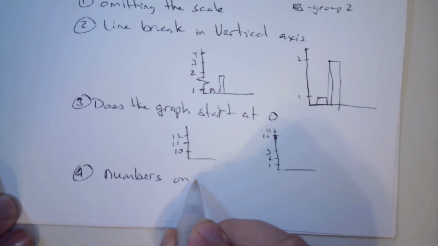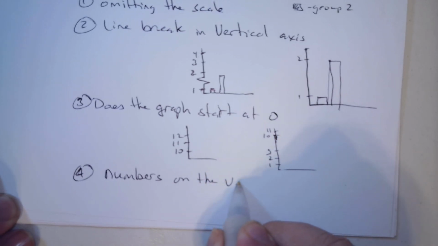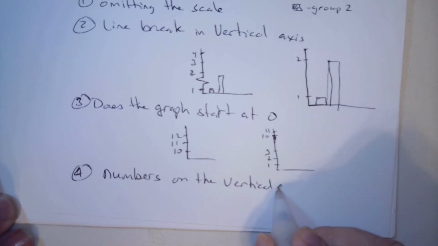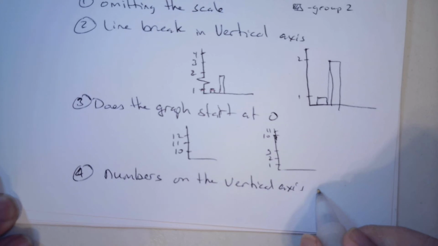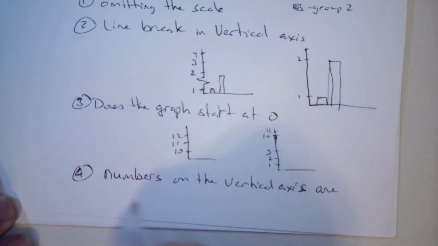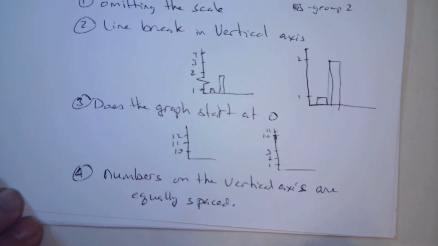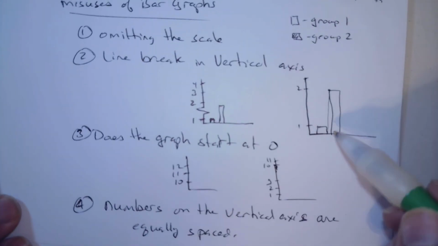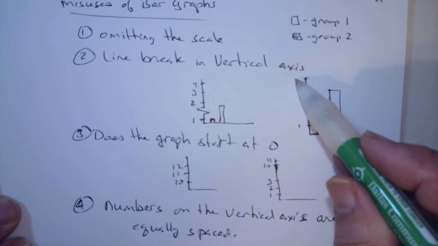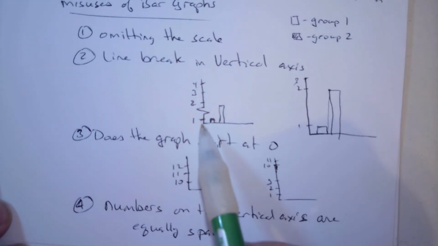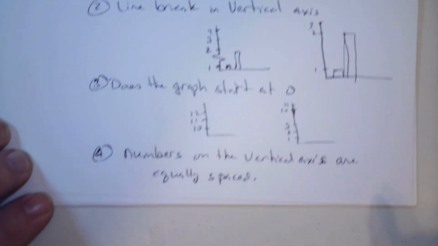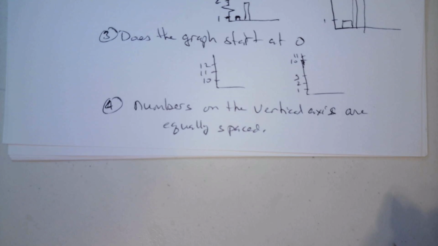Are the numbers on the vertical axis equally spaced? Like right here, 1, 2, 3. Why are they equally spaced as opposed to 1, 2, 3? So these are all things you have to look out for.